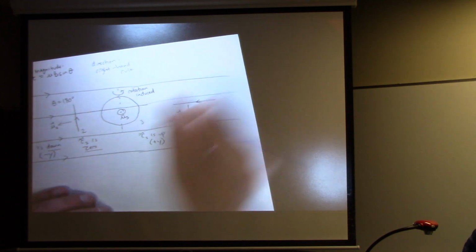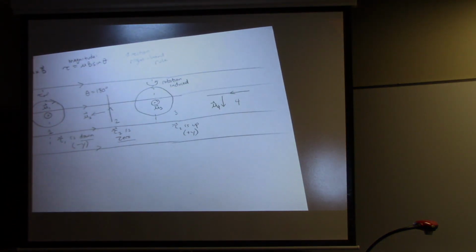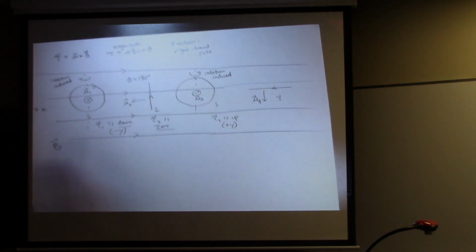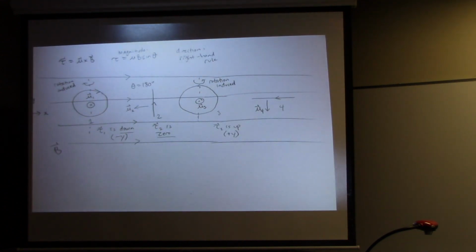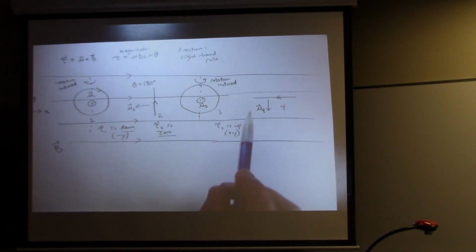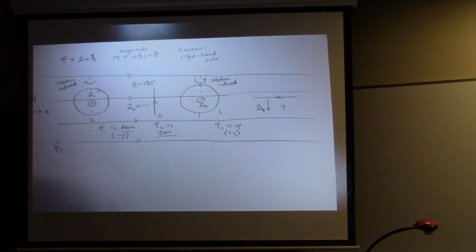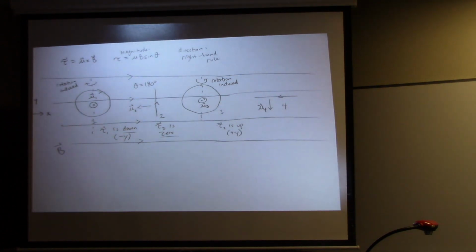So your magnetic moment is going down like this. And just in all of these examples, just to reiterate, the magnetic moment vector mu is always perpendicular to the area of the loop. So we know it's pointing the right way because it's perpendicular to the actual area of the loop.